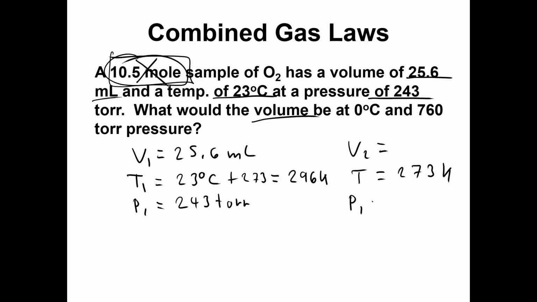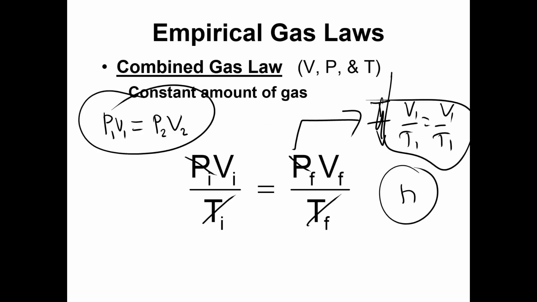So all you have to look at now is that the pressure is in torr. Those two will cancel. And then you take P1 V1 over T1 equals P2 V2 over T2, this formula here, and you solve for V2, right? So you divide by P2 and you multiply by T2.